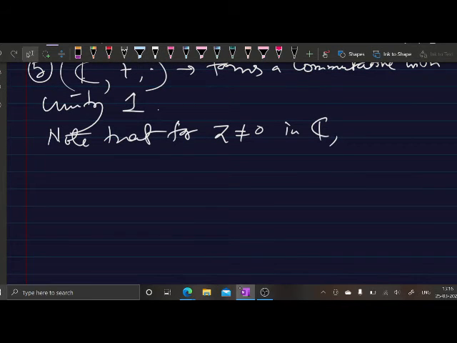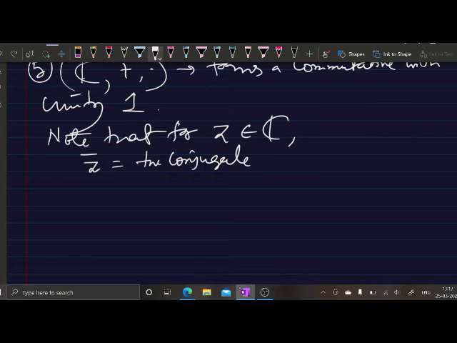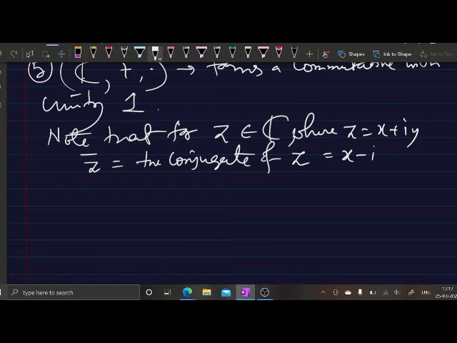Then z bar will be defined as the conjugate of z, for z belongs to C, where z can be written as x plus iy, then the conjugate is x minus iy, and you can define the modulus also, which is root over x square plus y square, right?